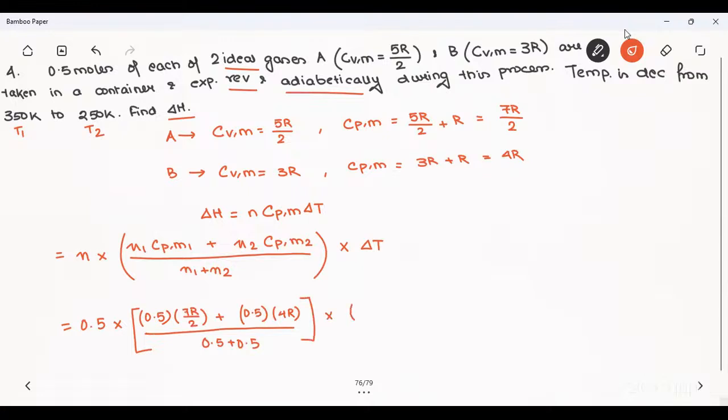T2 minus T1, 250 minus 350. Okay, so just calculate and get the answer. Is this sum easy? Did everyone understand what I did? Yes, ma'am. Just look at this sum once.